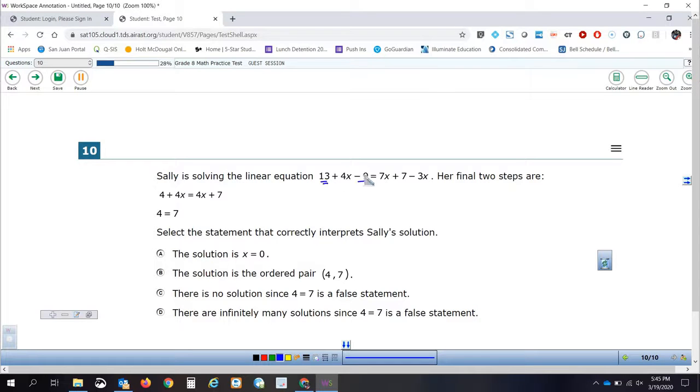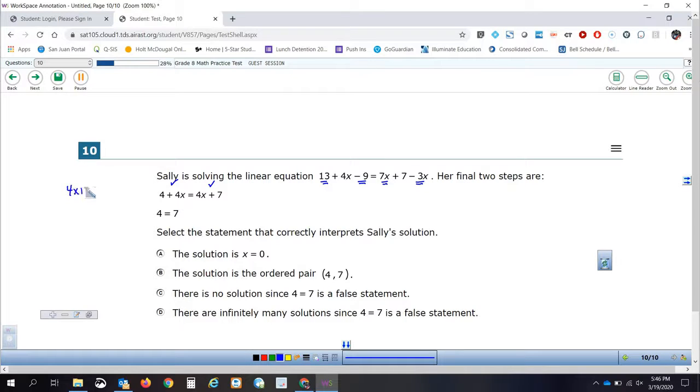What is 13 minus 9? 13 minus 9 is 4. So she simplified this side correctly. 7x, right? 7x minus 3x is 4x. 4x plus 7. So she gets 4 equals 7, because they didn't show the work.